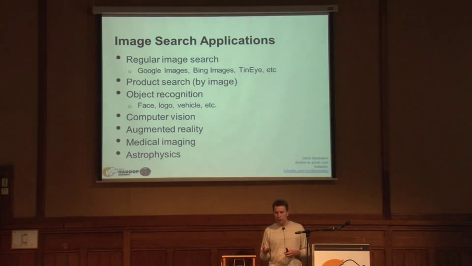For instance, at eBay, they have several teams that are thinking about this. So instead of typing the name of a product, you can provide an image, and then you get the matches. So basically, specific product items, right? Then object recognition.